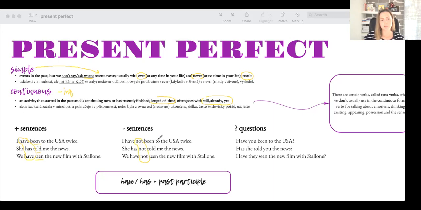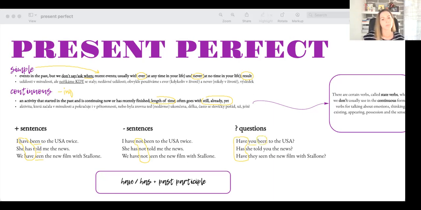And don't forget to use the short form in English. So I have not been, it's better to say I haven't been. And then for questions, it's again the same process. Have goes at the beginning of the sentence, then there is the person, and then there is the past participle.